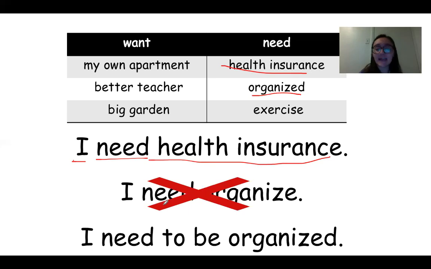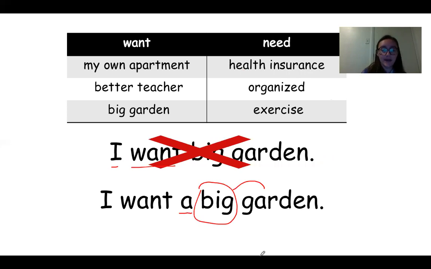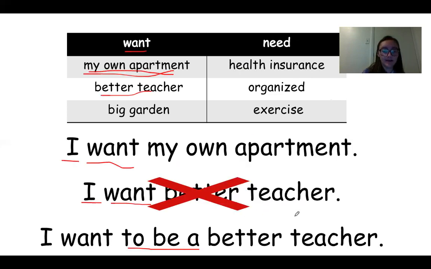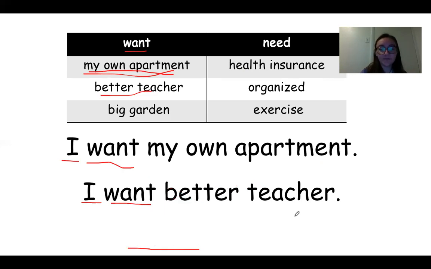So what you need to say is, I need to be organized. So here, let's go back. When I said I want a big garden, or when I said I want to be a better teacher, right?